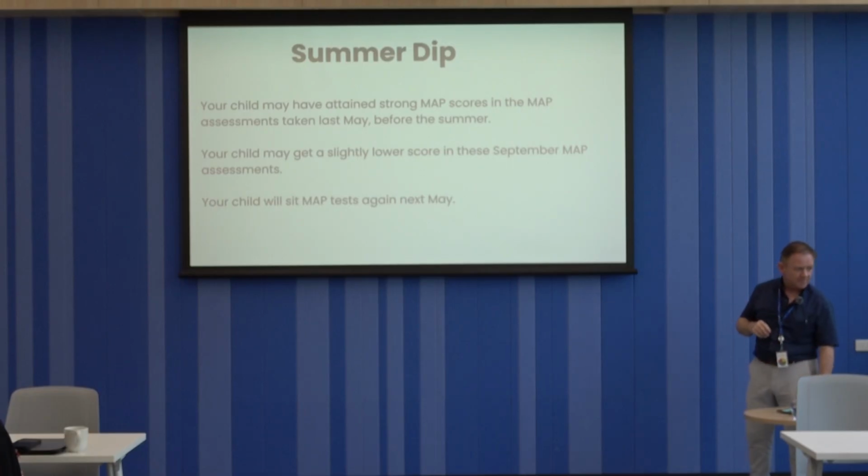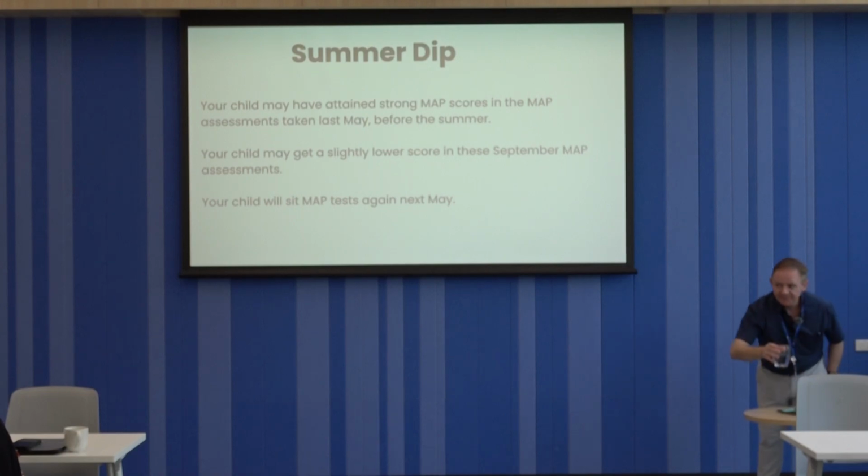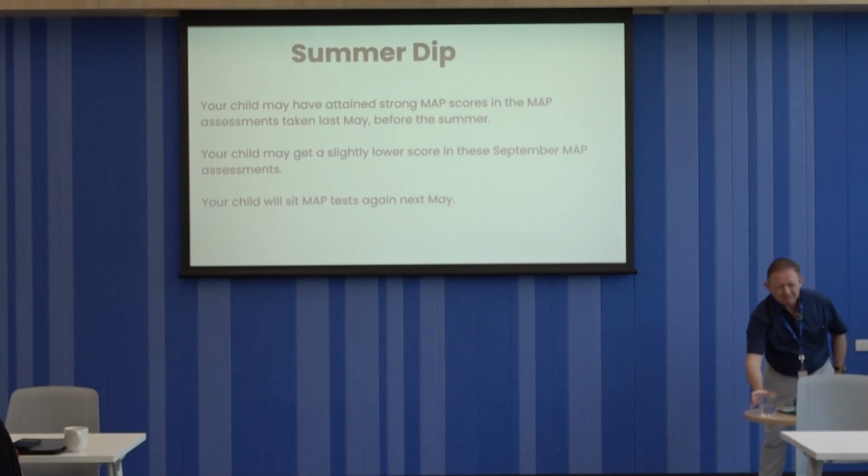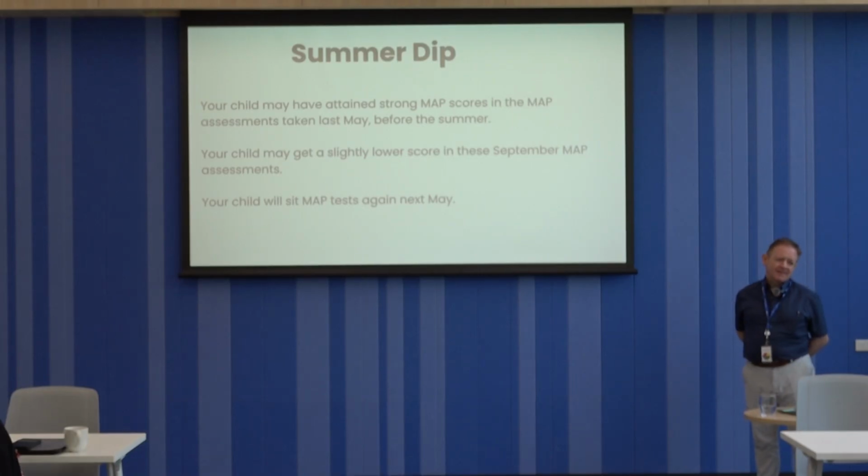I think another thing to think about is, because instinctively you look at what did my child get last time, you'll see that on the MAP report. If your child has achieved very well, and often we see this in maths particularly, and their percentage is really, really high, it's really, really hard for them to make big growth, okay?